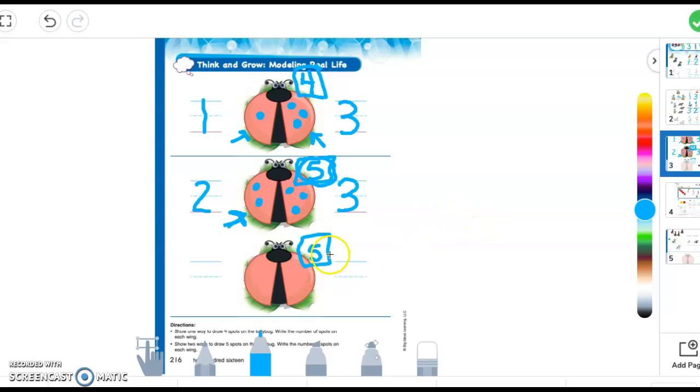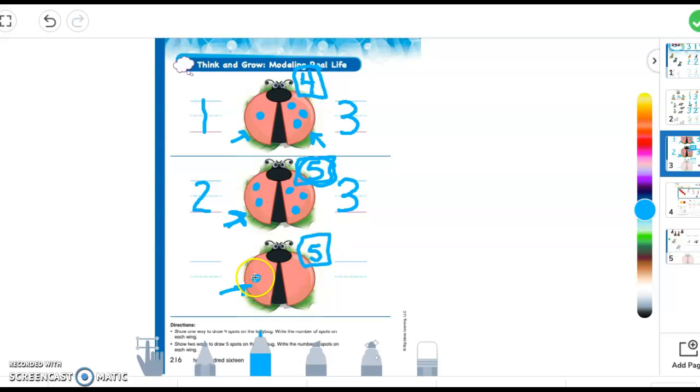Okay, now we have to show a different way this time because it says show 2 ways. So we need to show a different way. I can't put 2 over here on this side because we already have 2 on the side above. So how many could I put here? Could I put 1? Well, if I put 1 there, how many would I need to put on the other side to make 5?